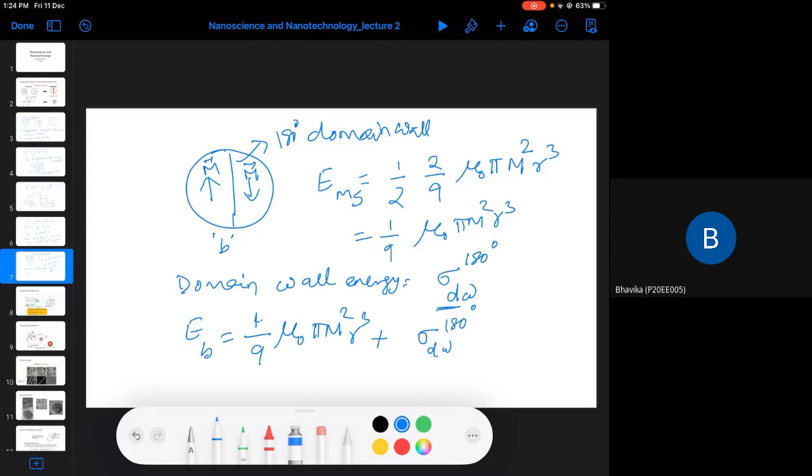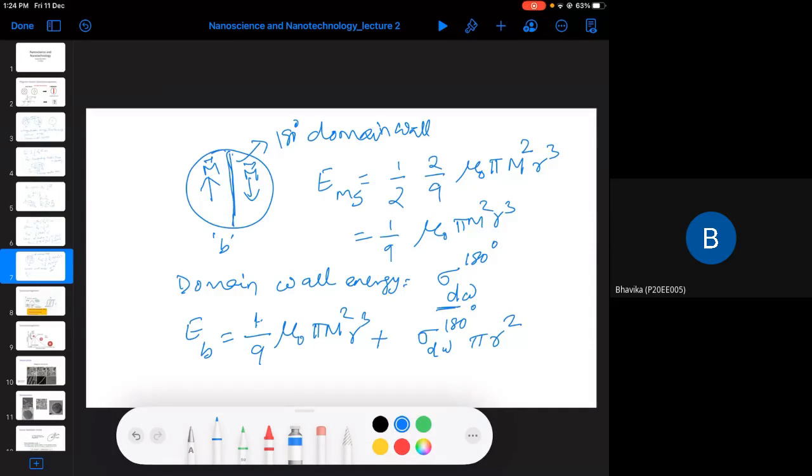So typically this domain wall energy is expressed as energy per unit area. So we have to multiply to get the actual energy. Like in the previous case we multiplied by volume, here we have to multiply by the area, which will be equal to pi R squared.